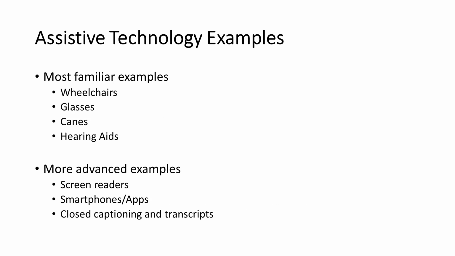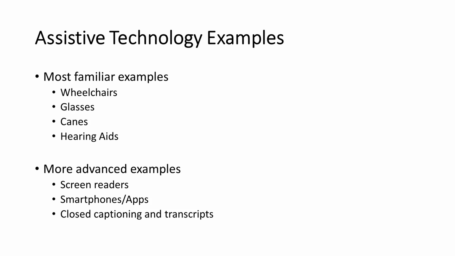And in talking about these learning experiences, there are quite a few assistive technologies out there. There are many that we're already familiar with, such as wheelchairs, glasses, canes, hearing aids, those types of things. But as all technology advances, so does assistive technology.